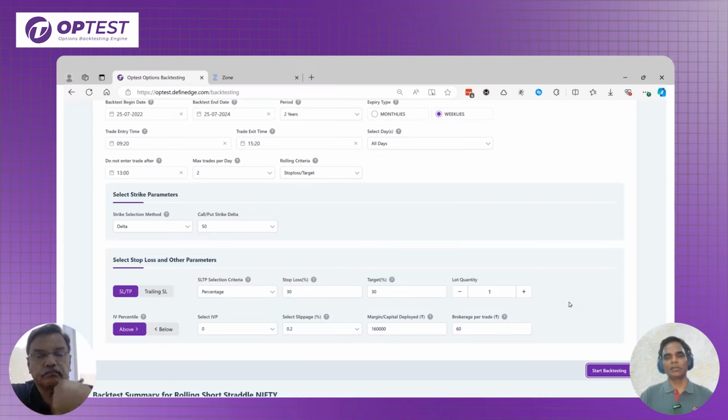What will be the criteria based on which you want to roll over? Or maybe you want to cover some legs and move those closer, shift those legs. Those can also be criteria. These are some things on which users can give us feedback, and we will incorporate those adjustments into our backtesting system, which you can then backtest and see.